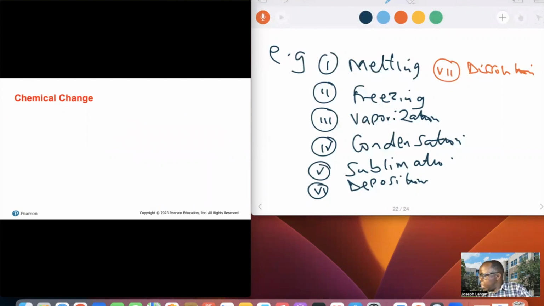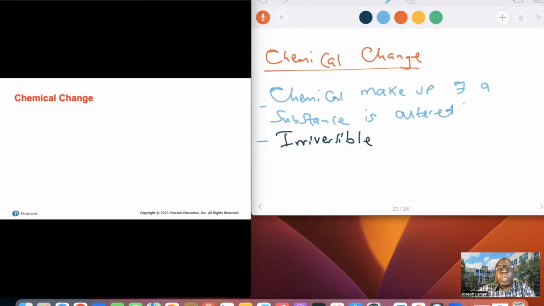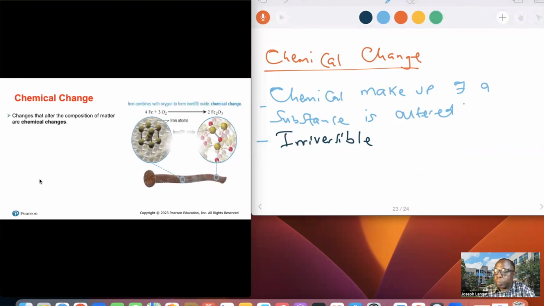Liquid to gas. Now, chemical change: if a chemical makeup is altered, or if it is irreversible, then that change is considered a chemical change. So chemical changes are changes that alter the chemical composition of matter. Here is a nail undergoing rusting at the moment.